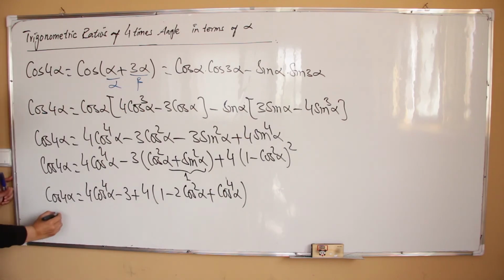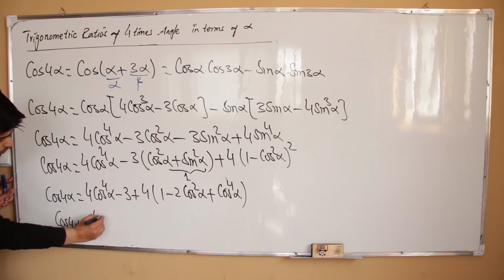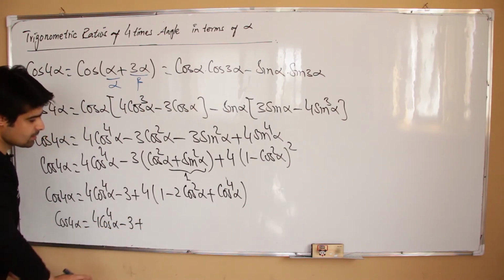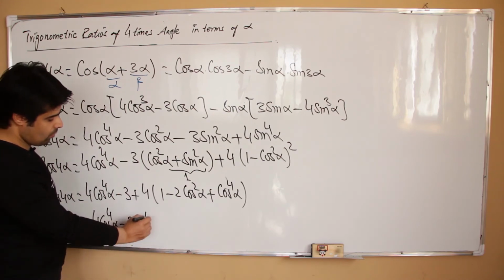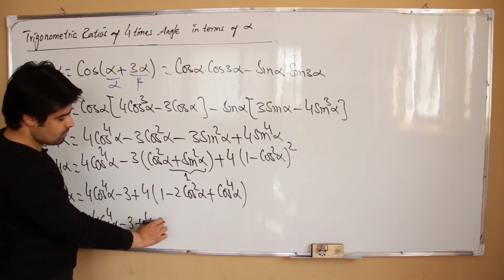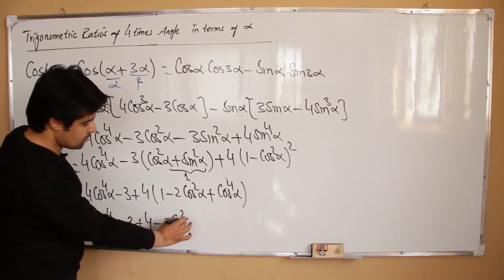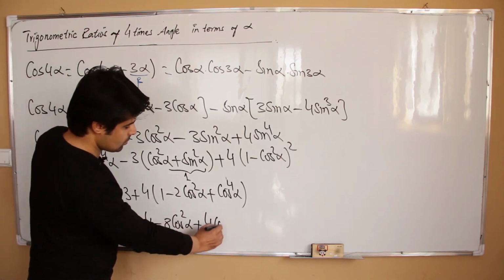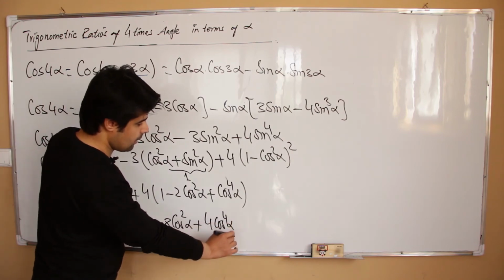Now you can have cosine of 4 alpha is equal to 4 cosine to the power 4 alpha minus 3, plus 4 times 1, minus 4 times this one, 8 cosine square of alpha, plus 4 cosine to the power 4 of alpha.